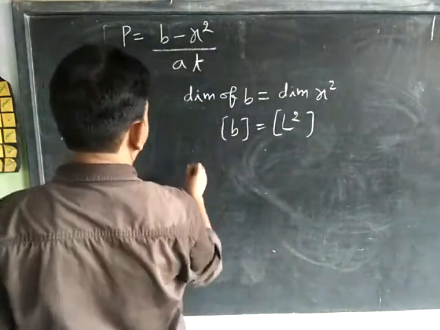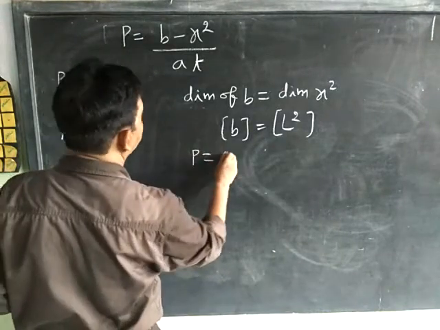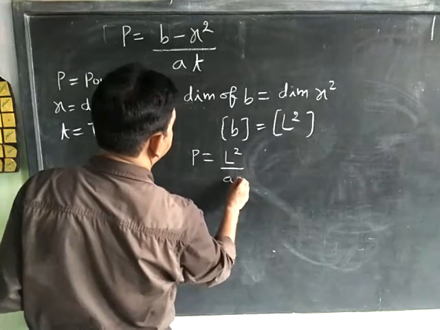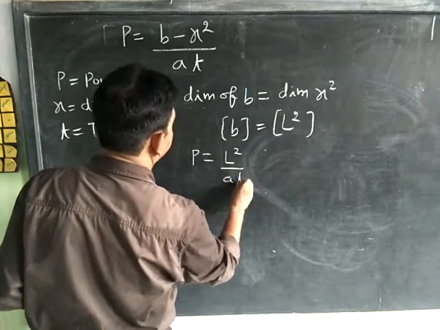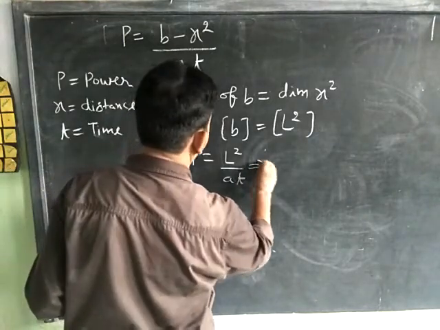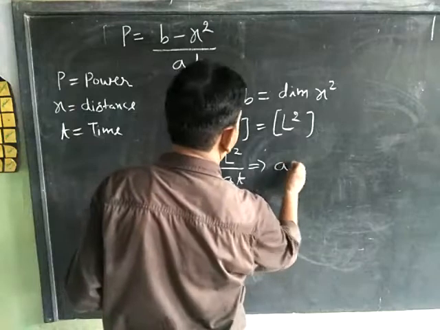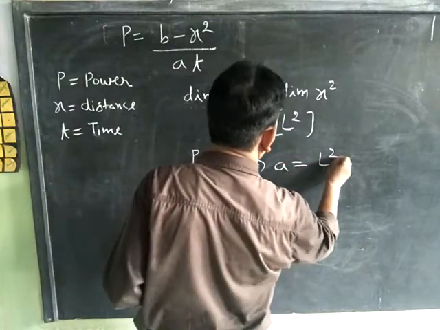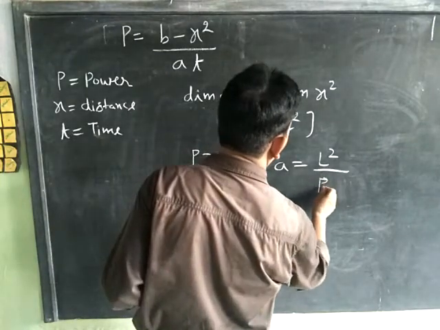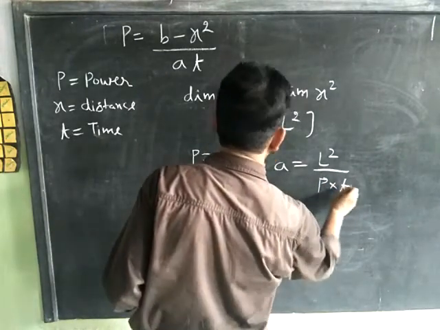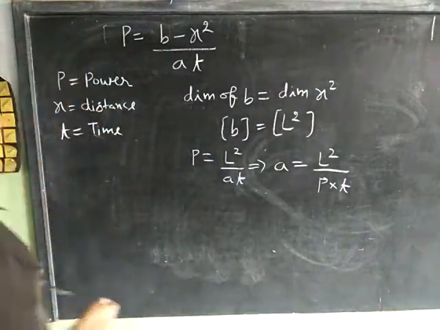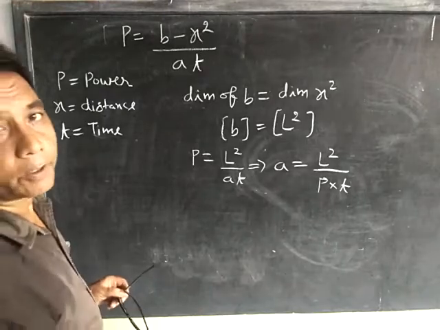We can write this now. P is equal to L square upon A T. From here we can write A is equal to L square upon P into T. Now we will find the dimension. Here P is the power.